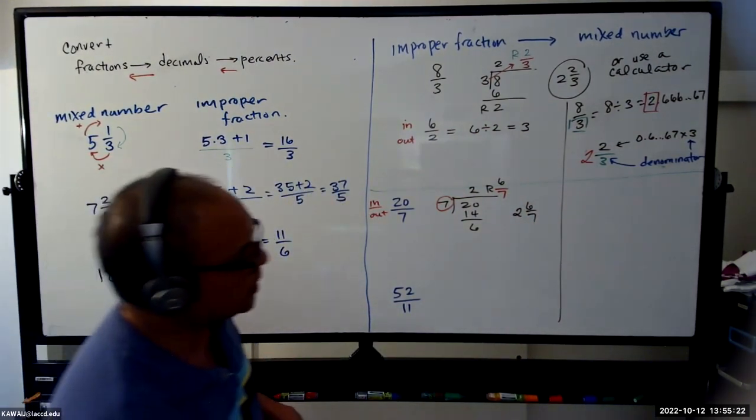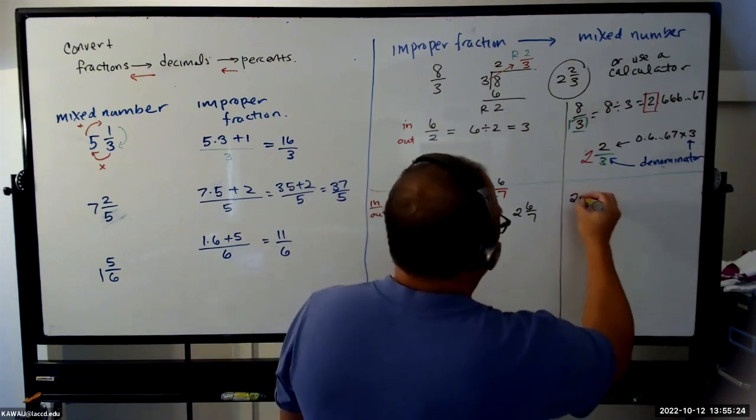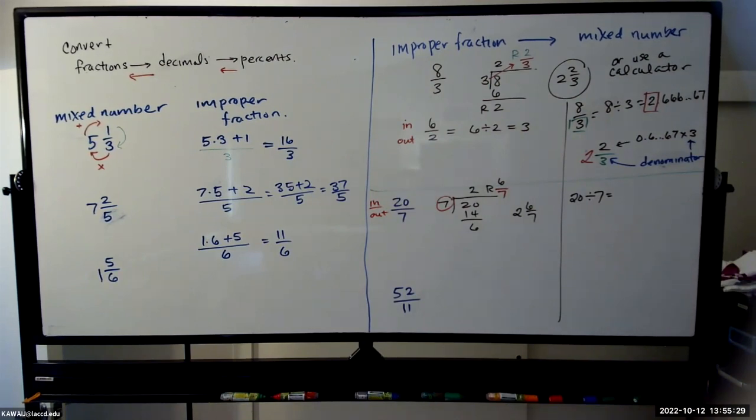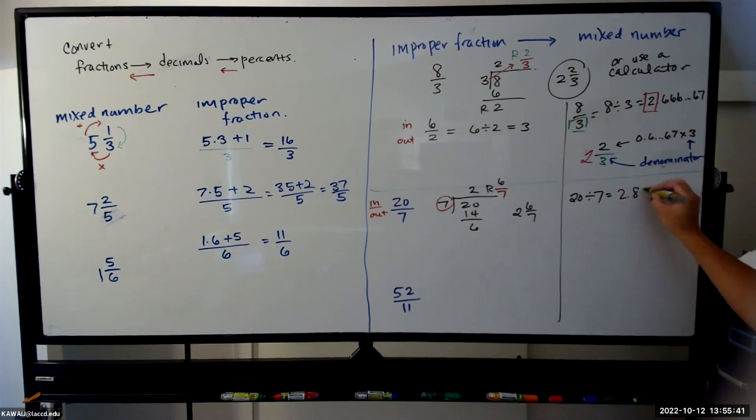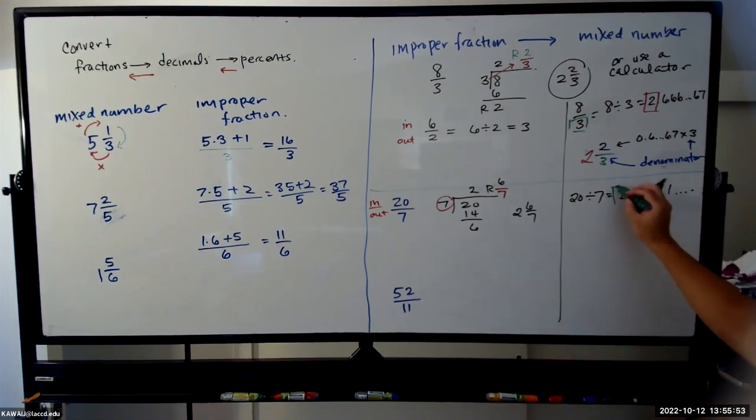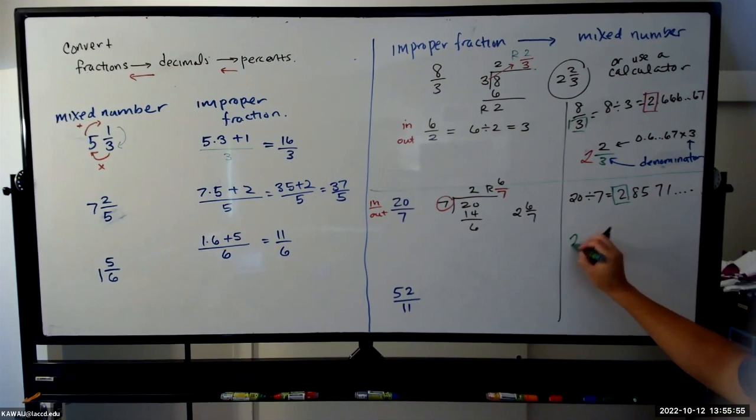Now, let's say you're doing the calculator way. You go 20 divided by 7, and this gives you 2.8571 dot, dot, dot. This right here is your whole number part.